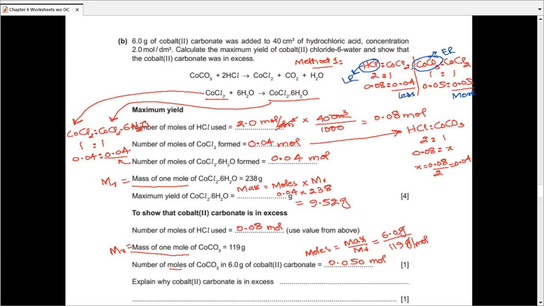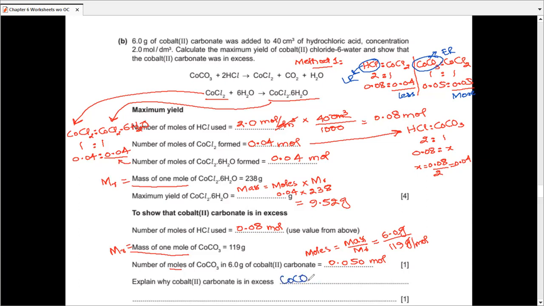So what would I write as my answer is that, and I can really write the comparisons over here. Instead, I shouldn't be composing my answer in terms of limiting. I should be composing my answer in terms of excess.